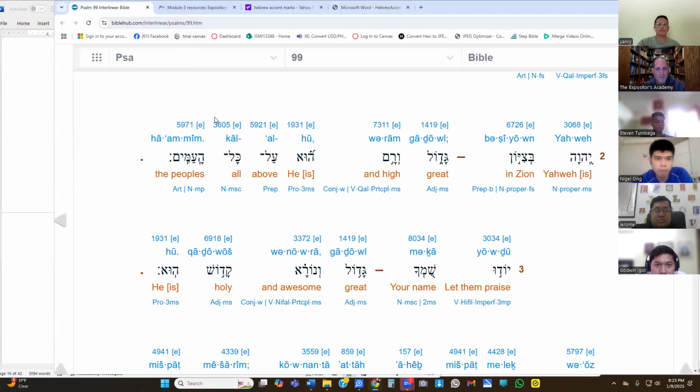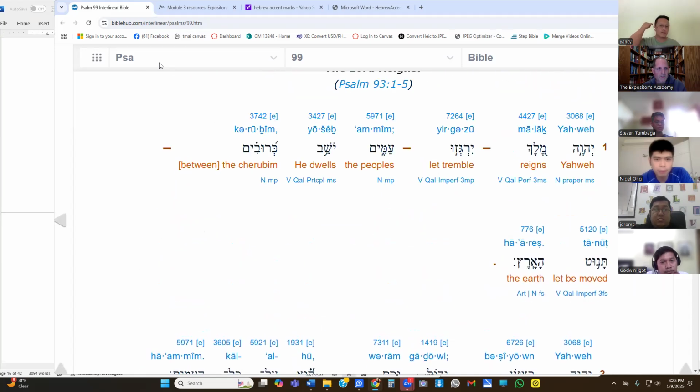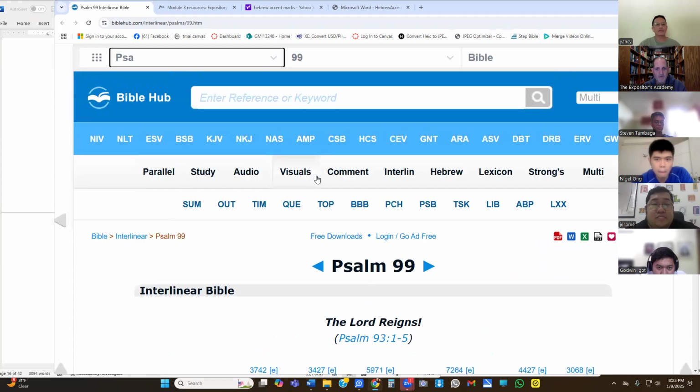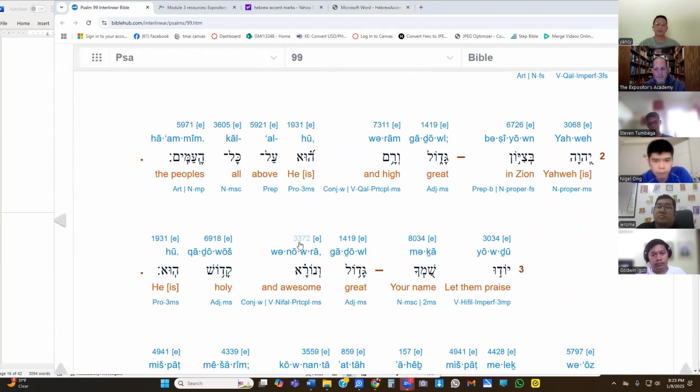We go to Psalm 99, so just put Psalm 99 in up here, and the interlinear is here. You also would have this on the Discovery Bible app if that's what you're using.